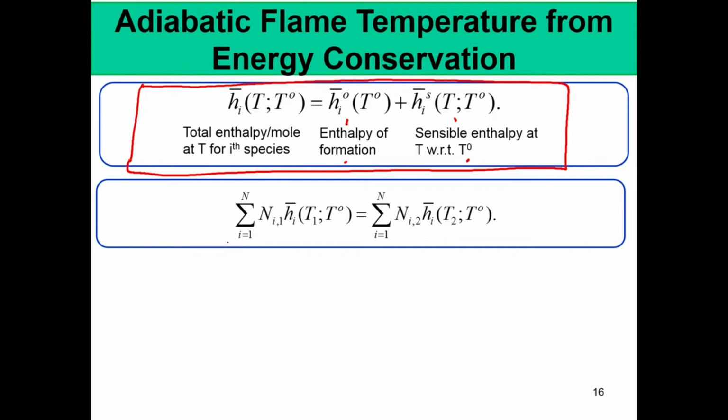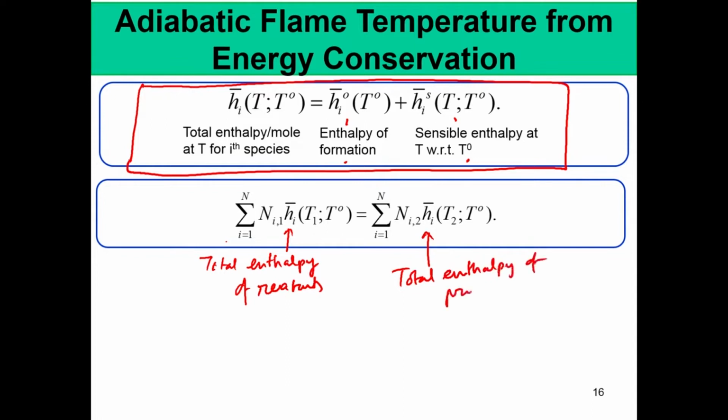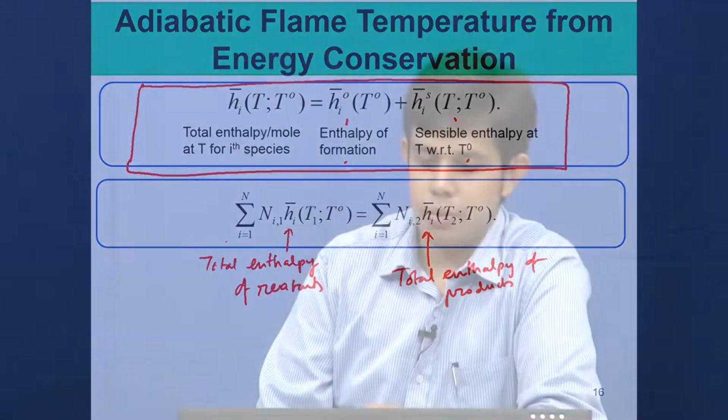We can write that the total enthalpy of the reactants, which is the summation of Ni Hi at T0, with respect to T0, is equal to the total enthalpy of the products. Since there is no additional energy coming in, the enthalpy of reactants is equal to the enthalpy of products.